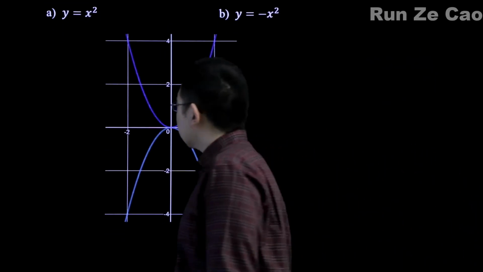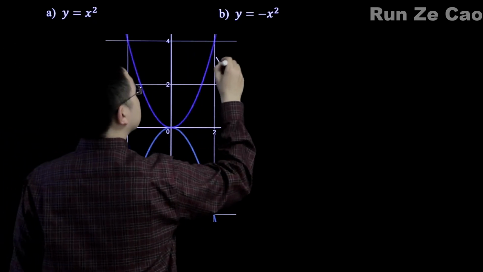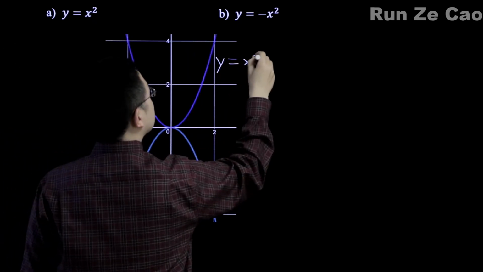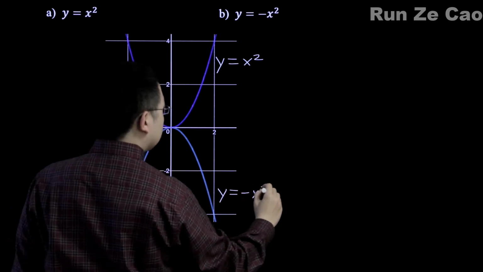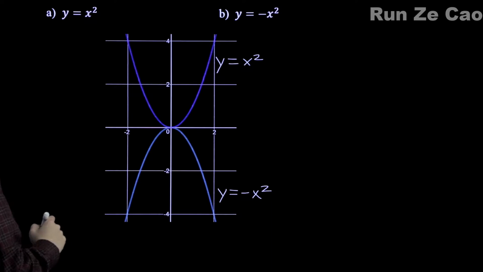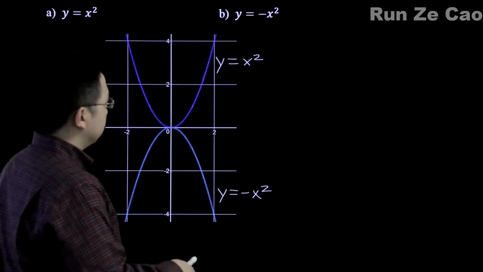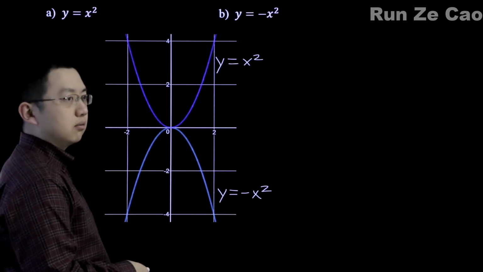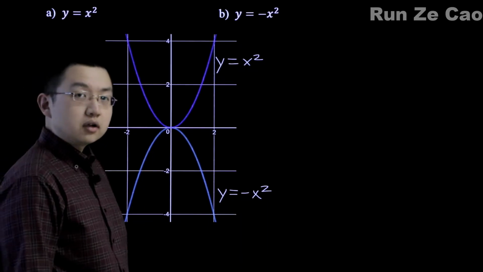So here we have y equals x squared and y equals negative x squared. Obviously, these end up going in very opposite directions because the leading coefficient is of different signs.